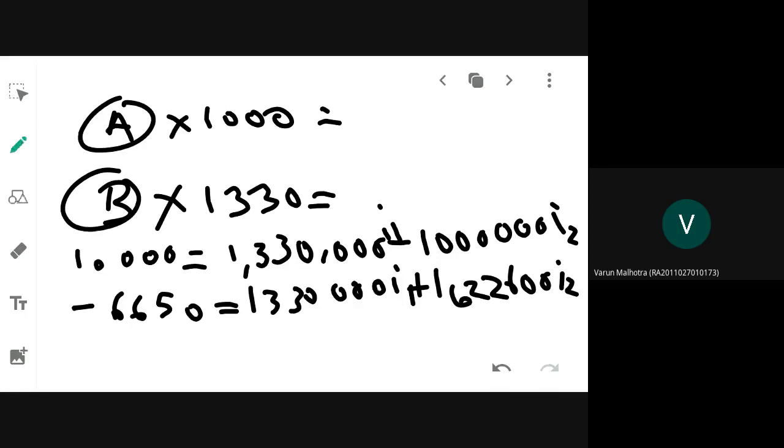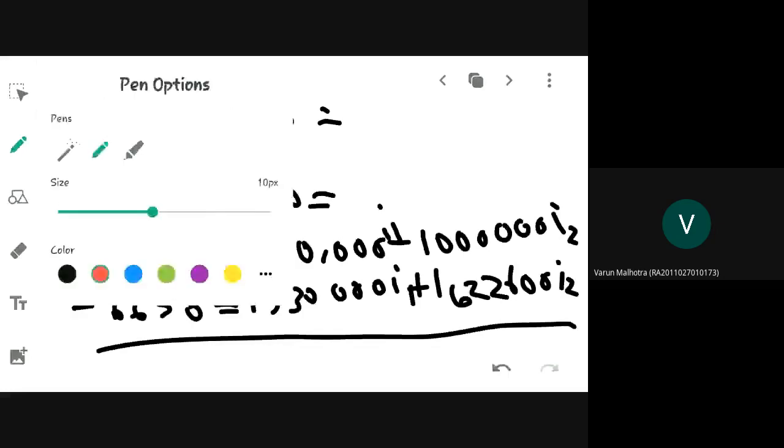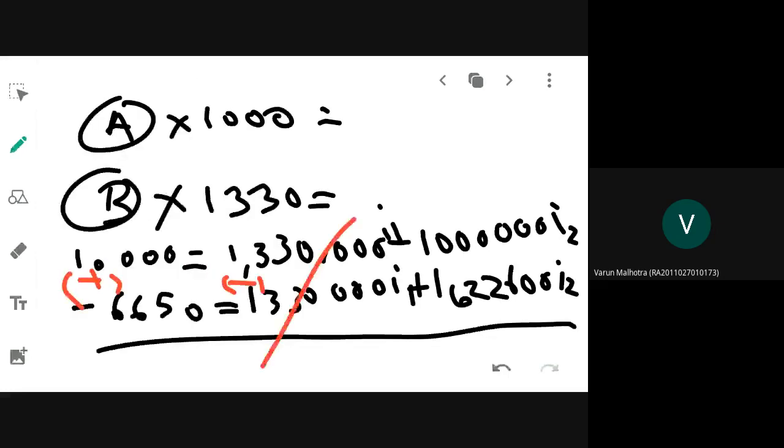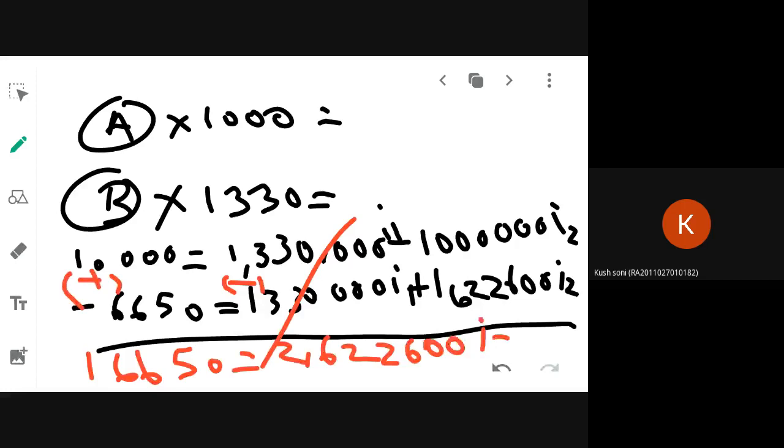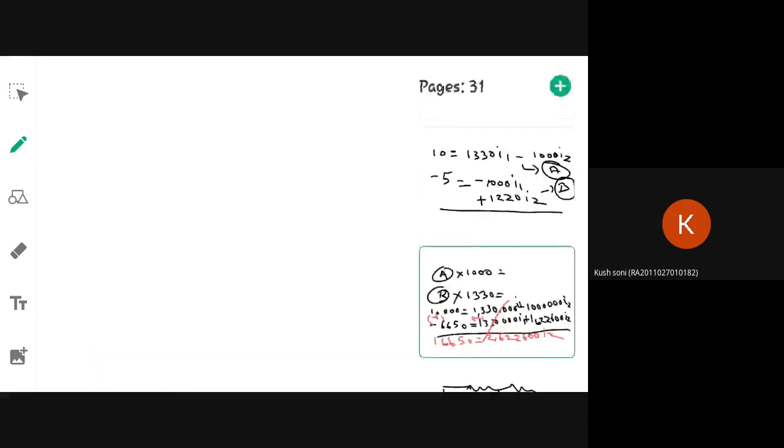I2 I will get, isn't it? This will get cancelled. I2 I will get, milliampere. This will be 16650, which is equivalent to 2,06,600 I2. So finally, what is my I2? I2 will be equivalent to 0.0063486 ampere. Are you getting?